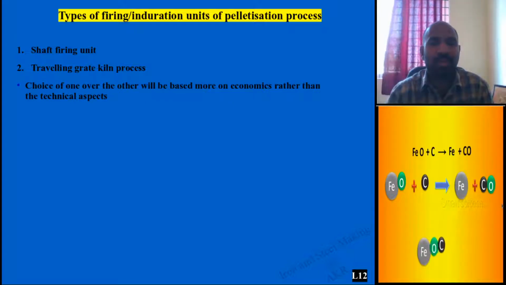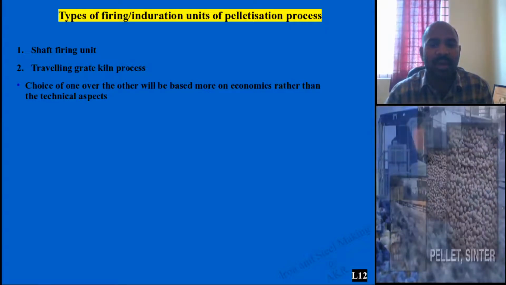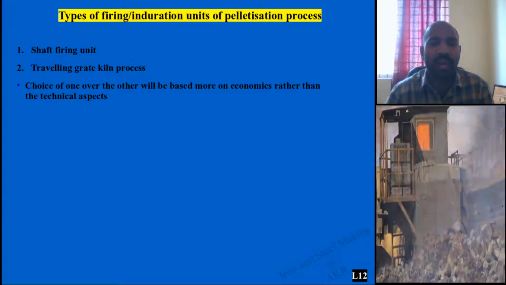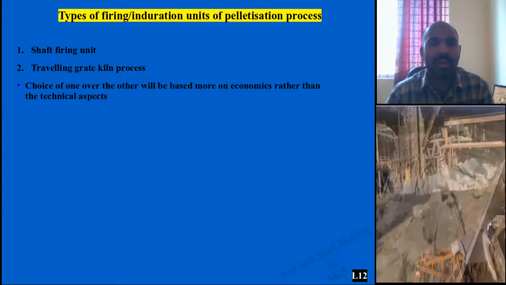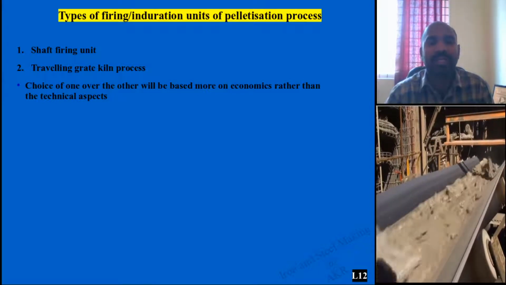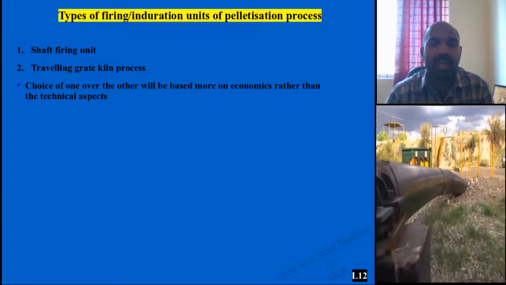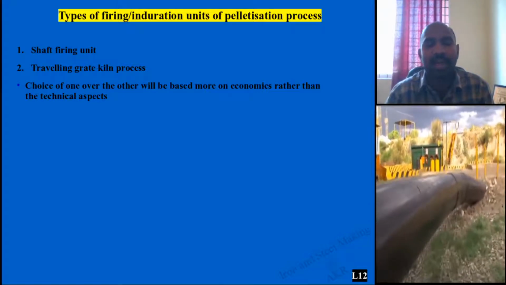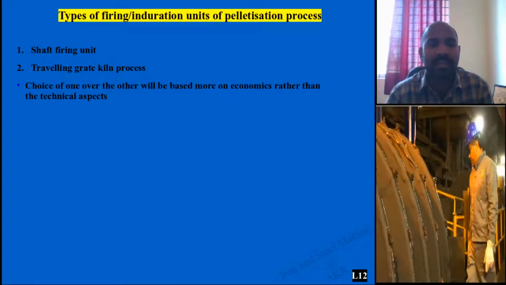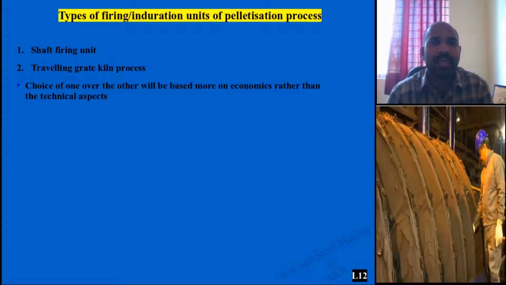Which one of these is better? Rather than technical aspects, from the economics point of view, it has been observed that the shaft firing unit is more feasible, very less costly process.